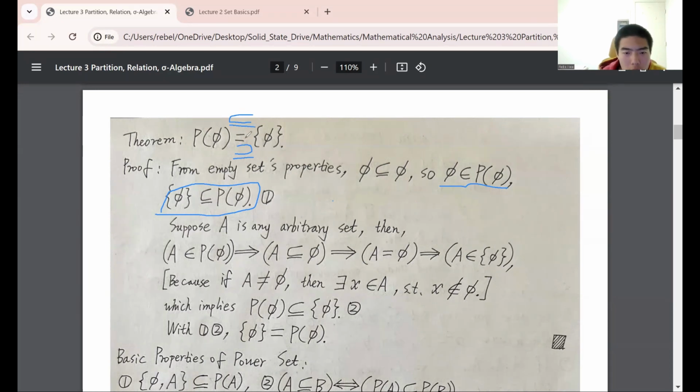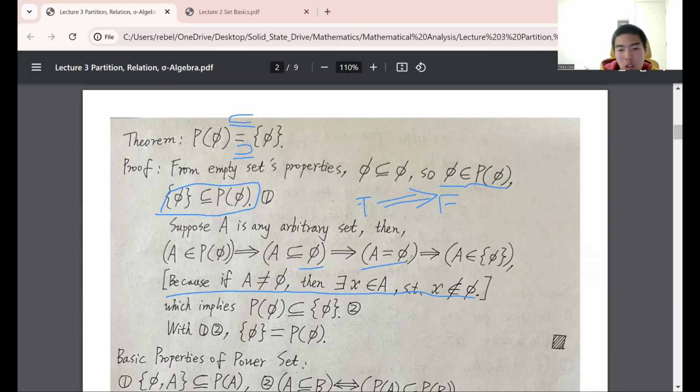For proving this direction, we just show that every element inside here is an element of here. So every element belonging to the power set of the empty set is a subset of the empty set. If A doesn't belong to the empty set, then there exists an element X in A such that X does not belong to the empty set. So what this sentence actually means is that A has to be the empty set, or it's a true-to-false condition, which is always false.